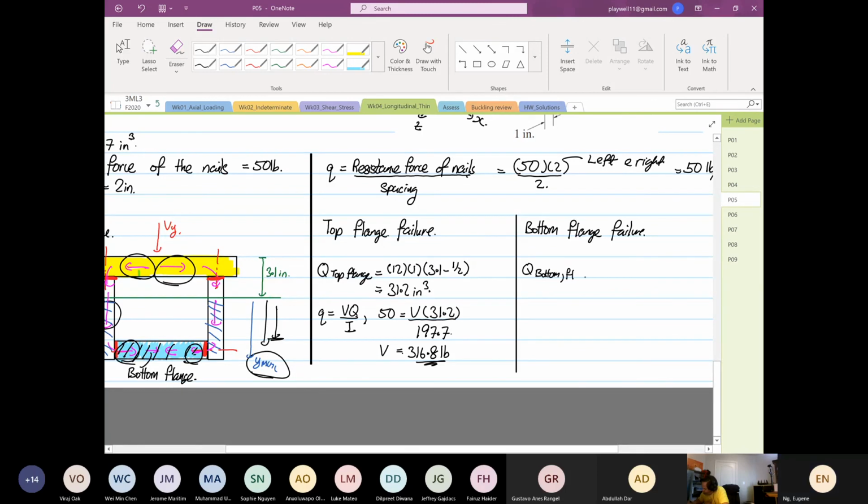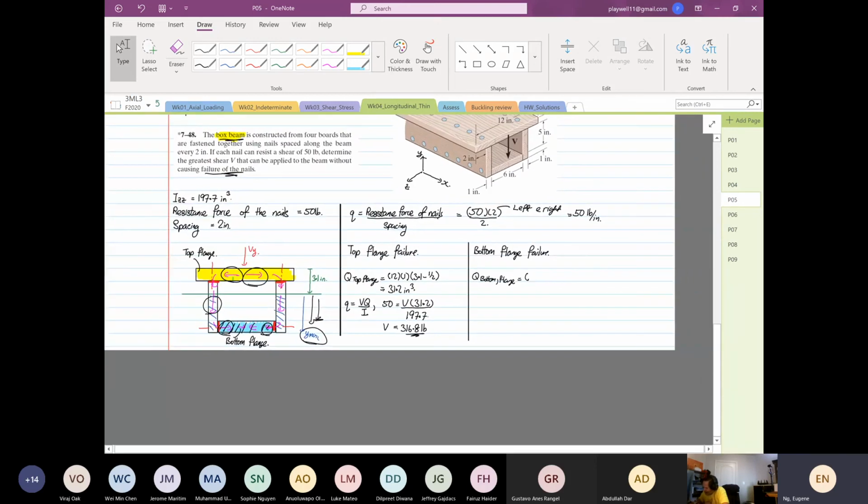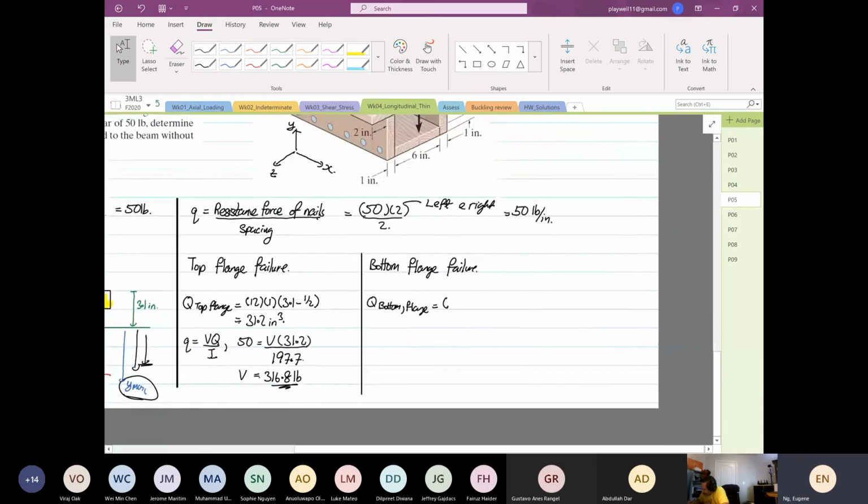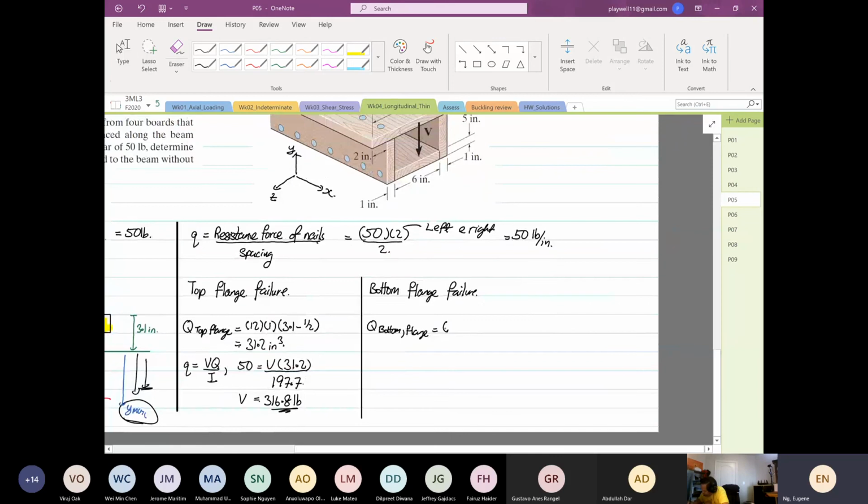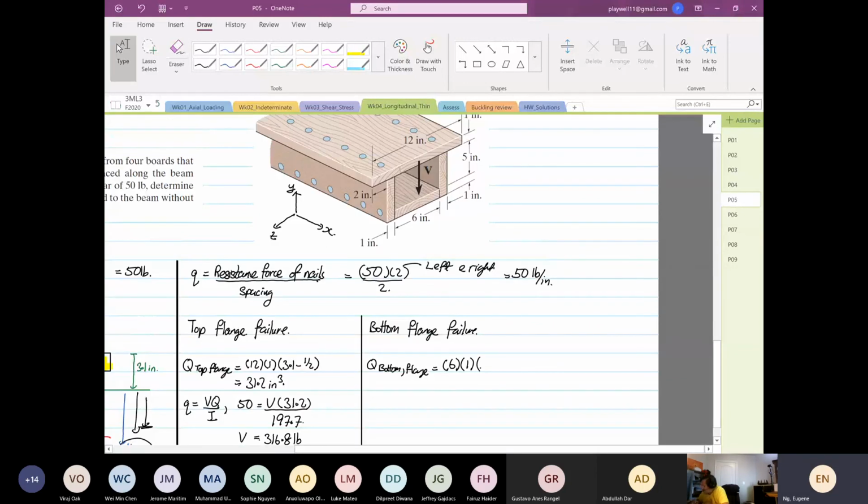So for the bottom flange, the width is equal to 6. The depth is equal to 1. And then the Y bar: we know from here to here is 3.1.